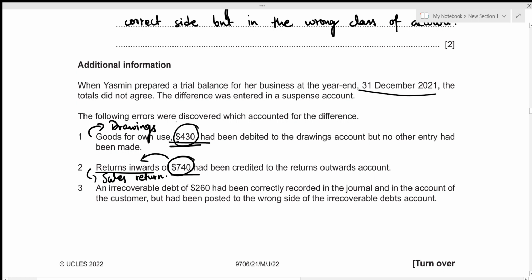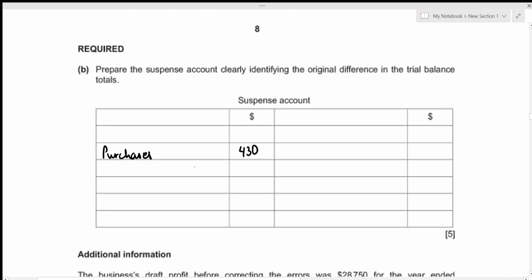But since we're talking about adding it, the adjustment would be recorded on the opposite side. So the adjustment of this amount should be recorded on the credit side in our suspense account under the heading of returns inwards. Let's do that. So that's returns inwards with the amount of 740.